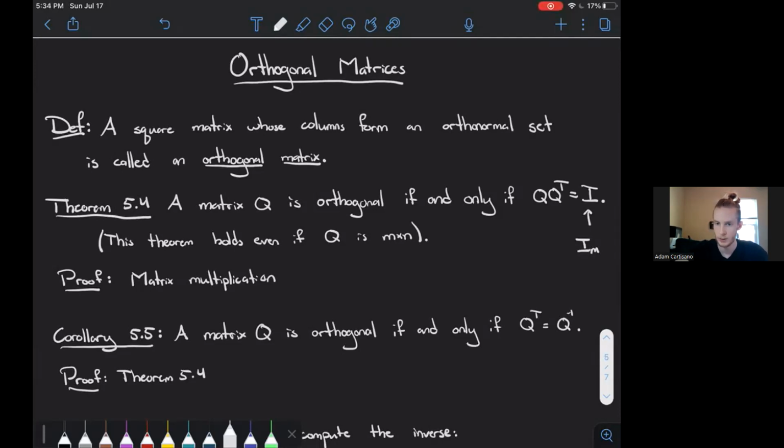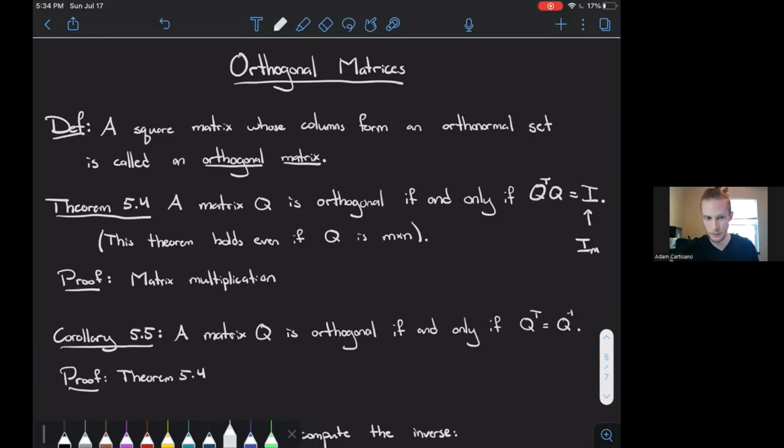Because that's like the columns of Q. Maybe I have this written backwards. Yeah, it should be Q transpose times Q. Matrix multiplication order matters.